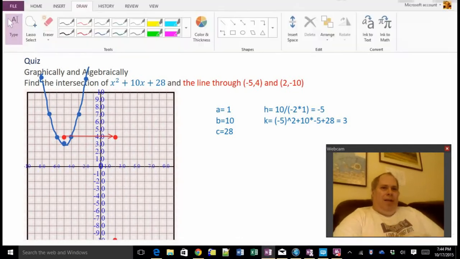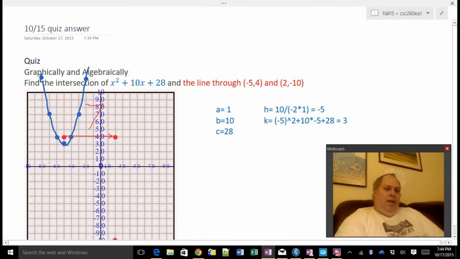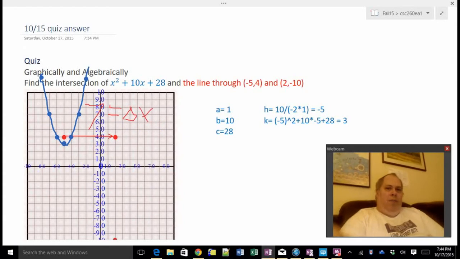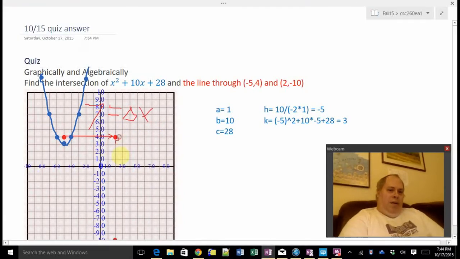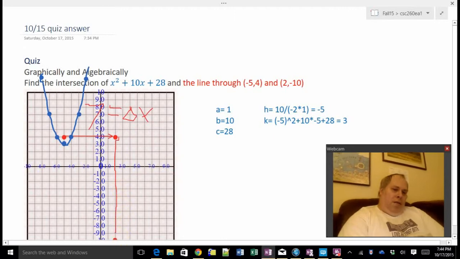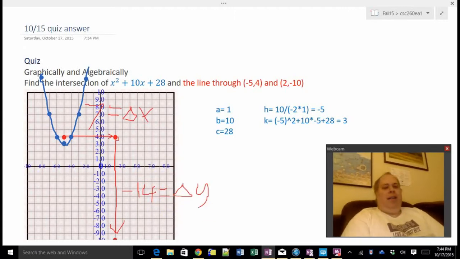Okay, and that'll be 7 equals delta x. And then we're going to go down. I'm just going to get lazy about this. Just go down. And this is negative 14 equals delta y. 4 and 10.